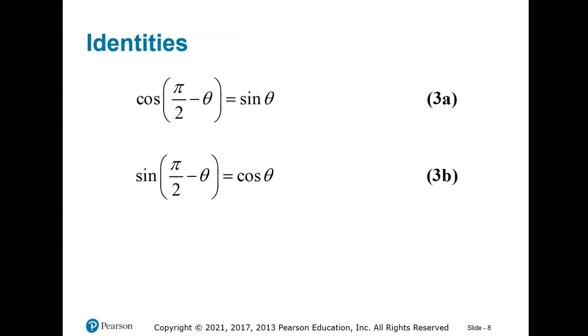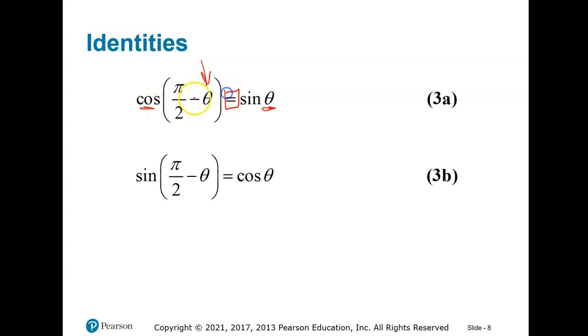Right, there's those odd cofunction identities. The cosine and sine are cofunction identities. So they are equal when we have the output of the sine function or the cosine function. It's equal to the output of the cofunction with the input being subtracted from pi over 2. So what I mean by that is the input here is theta. We're subtracting theta from pi over 2, and we get the exact same output.